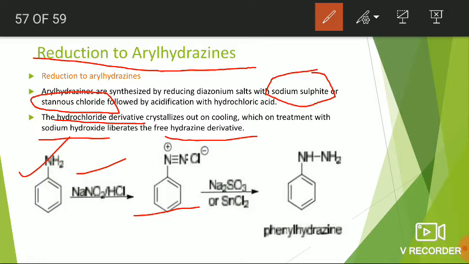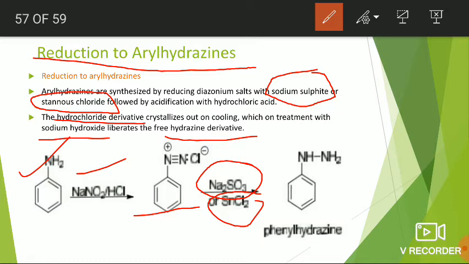This benzene diazonium salt on treatment with sodium sulfite Na2SO3 or with stannous chloride SnCl2 is converted into aryl hydrazinium salt on treatment with hydrochloric acid.